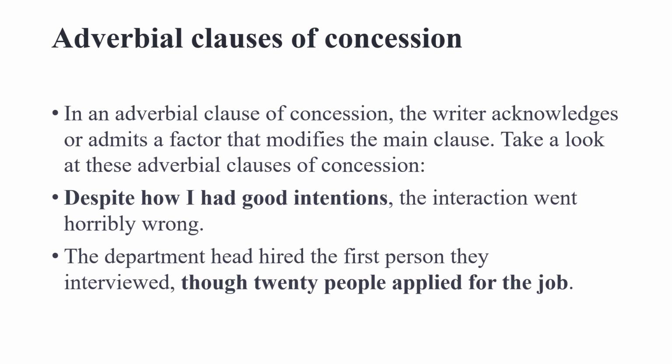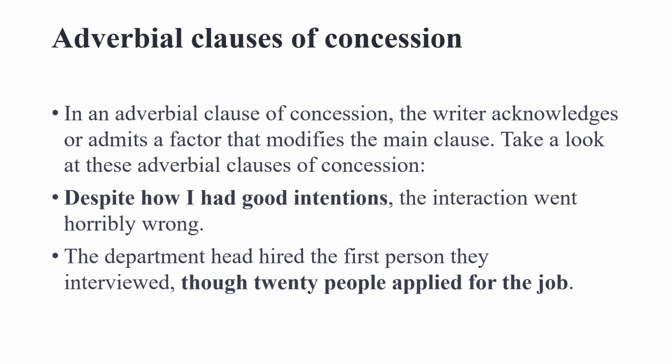So over here, "despite how I had good intentions" is acknowledging or admitting the factor that somebody had good intentions, but the interaction went horribly wrong. So this is an adverbial clause of concession.